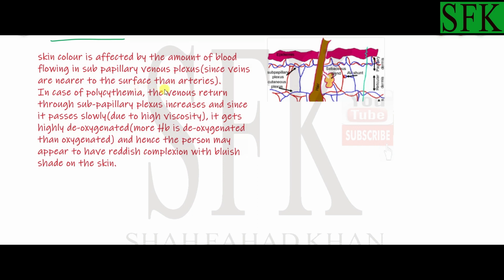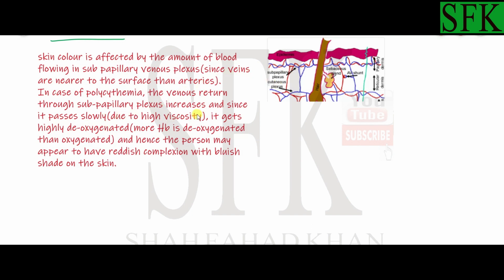In case of polycythemia, the blood passes slowly through the subpapillary plexus. As we've talked about earlier, since the blood is very viscous, it will flow very slowly. If it flows slowly, this would mean that the oxygen which it carries will get used up by the surrounding tissues very easily and very quickly. This would mean that the blood would become deoxygenated in a very short time, and so most of the deoxygenated blood will flow through the skin subpapillary plexus.